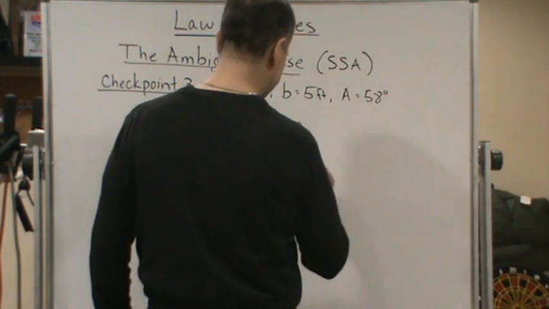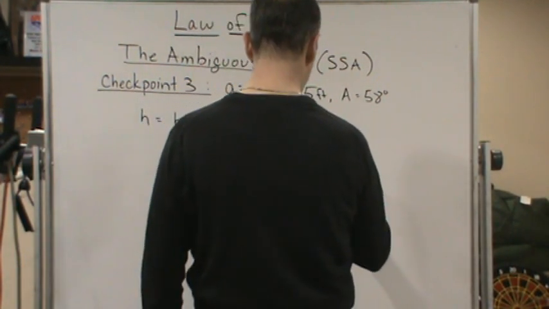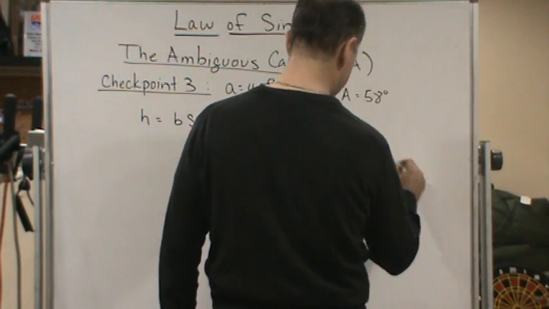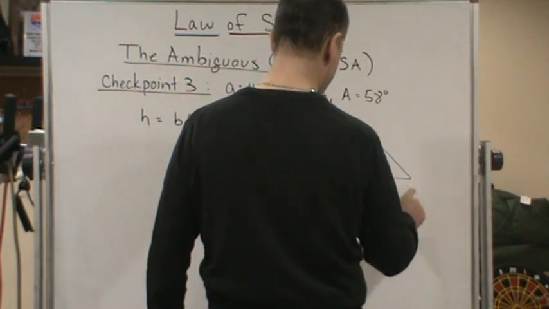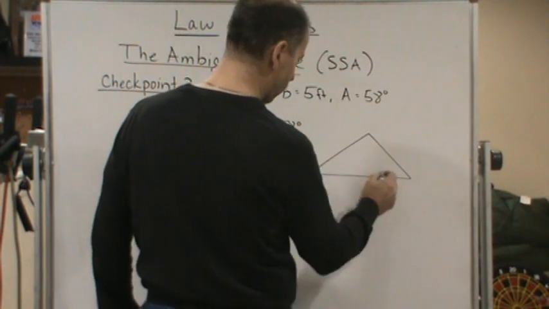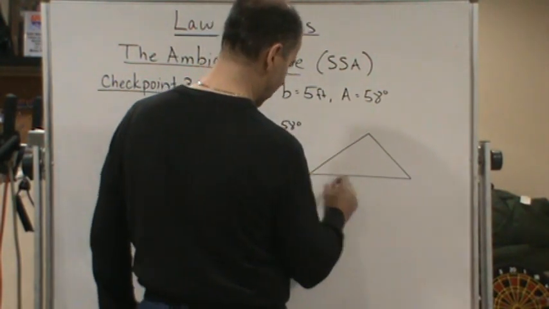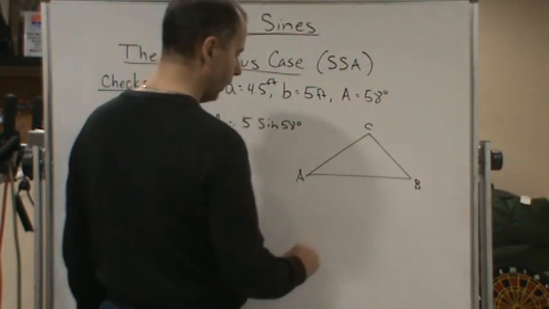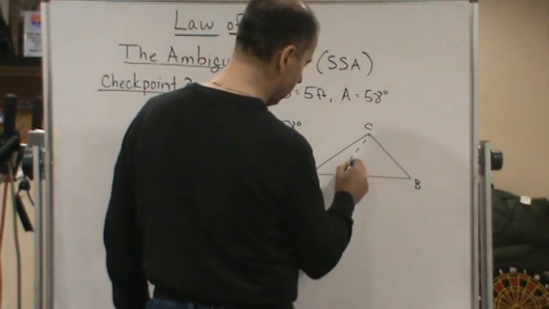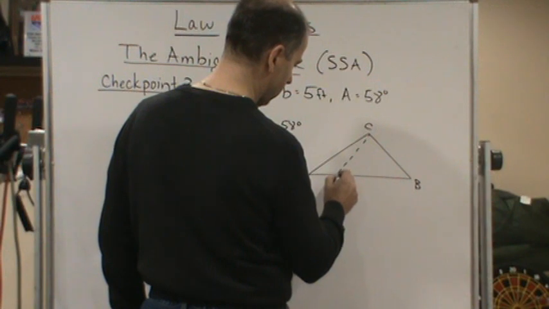Okay, so let's draw the triangle. We're going to have something like this. Again, we're going to have A, B, C, where we're going to have another triangle.